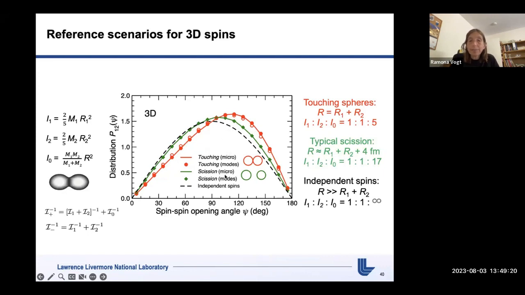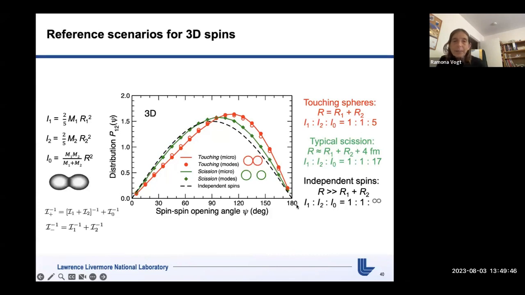And then the decision configuration that we more or less assume in Freya, which is an extra 4 Fermi or so between the 2 radii of the fragments, and this leads to different ratios of the angular momentum.